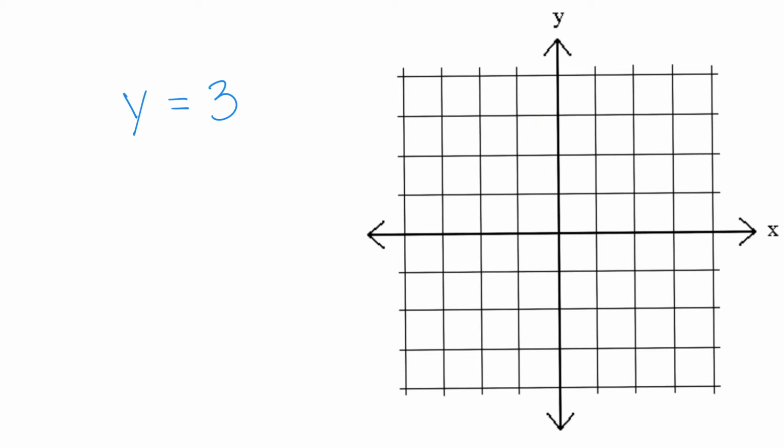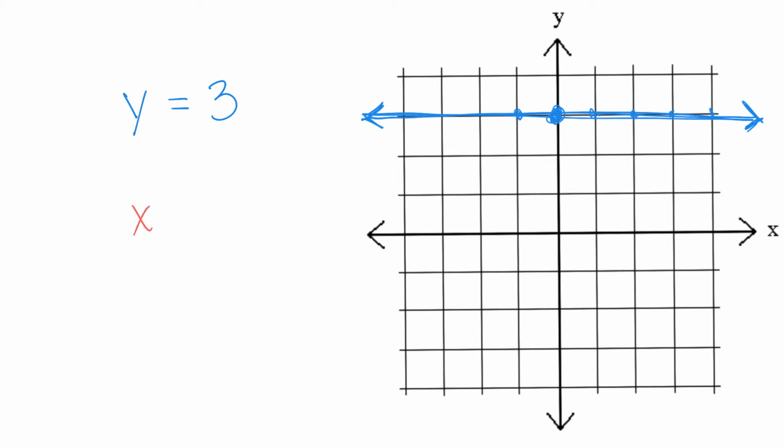All right? And that means that y is 3 everywhere. So you're going to end up with a horizontal line that looks like this. Okay, so this is like a special case. When it says y equals a number, you go to that number and you end up with a horizontal line.